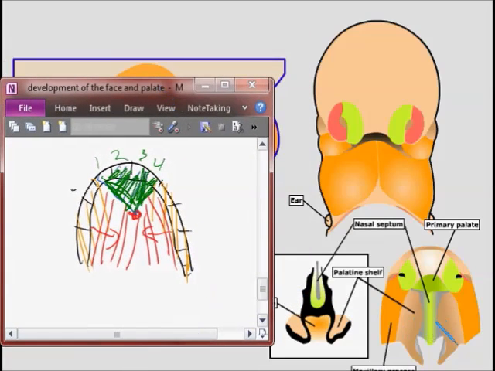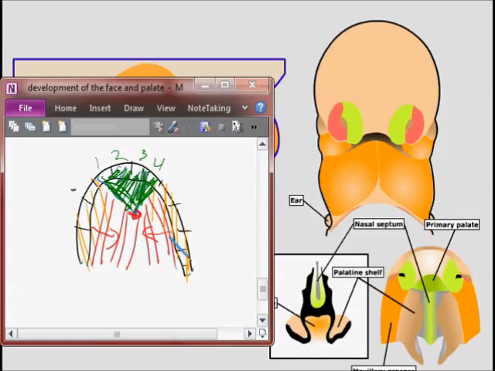Basically, I don't know what you like better, my crappy drawing here or this animation, but either way, I'm going to explain it the same. The nasal septum comes down in order to separate your two nostrils. Otherwise, you'd have one huge nostril, and that'd look kind of weird. Your palatine shelf comes down, and it's going to close to form this.